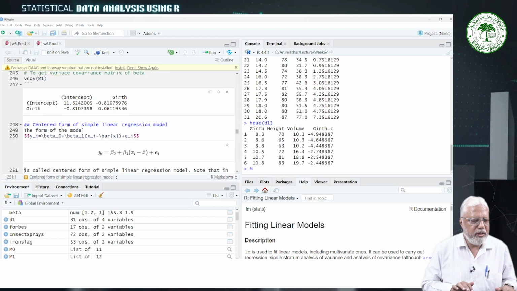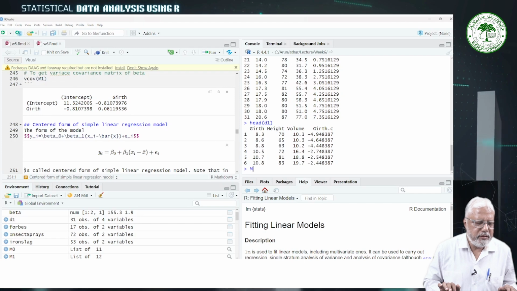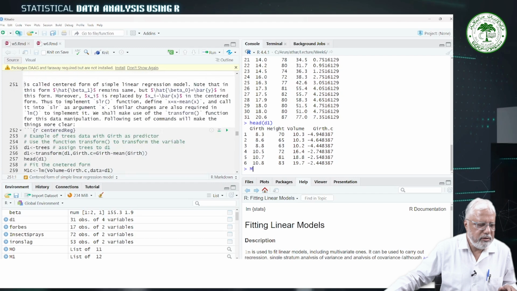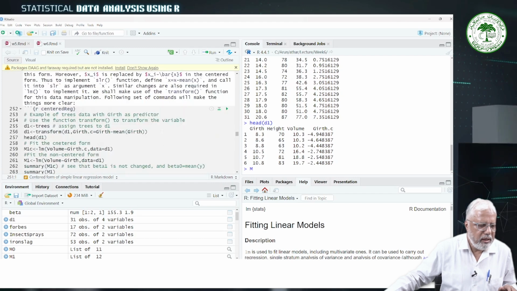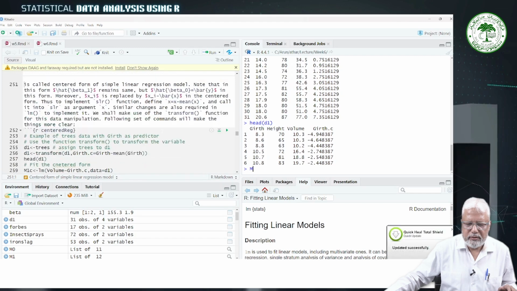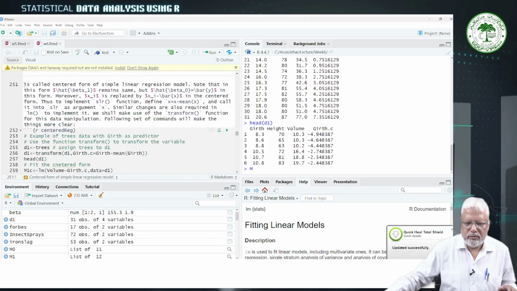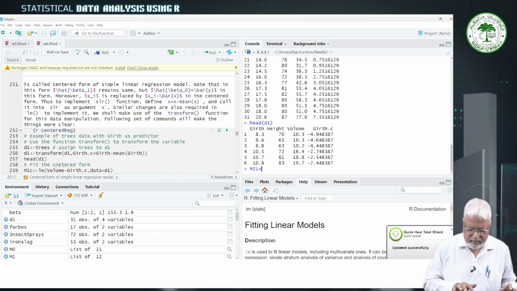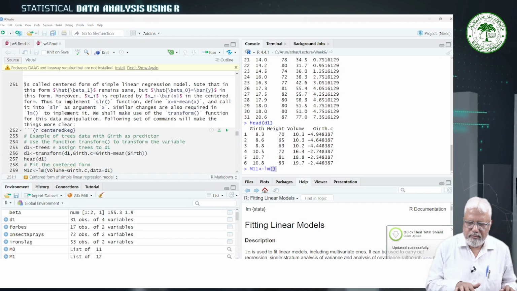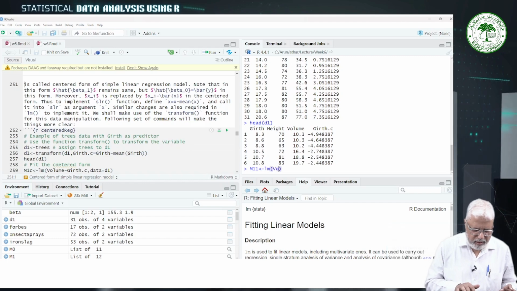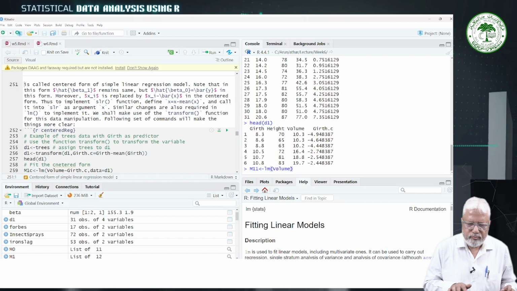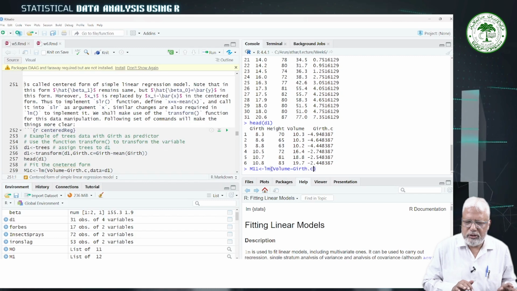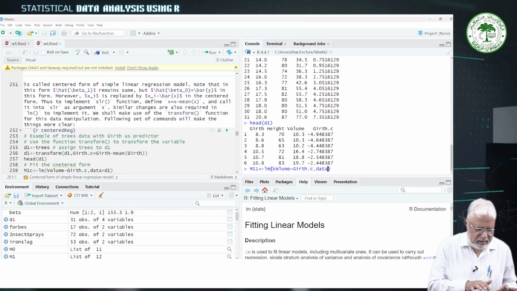Suppose we fit a model, M11 is equal to lm volume as a function of girth dot C, and data is equal to D1.